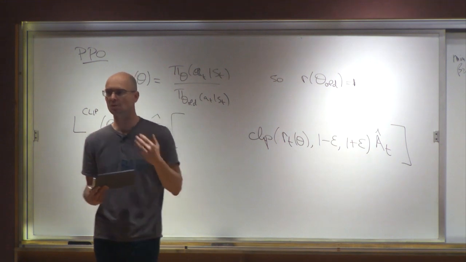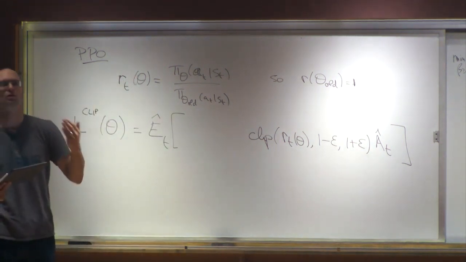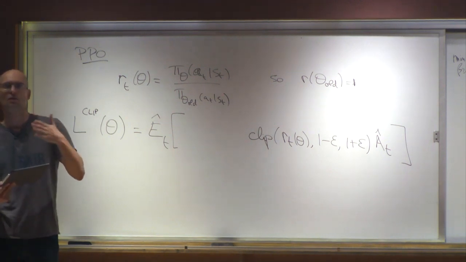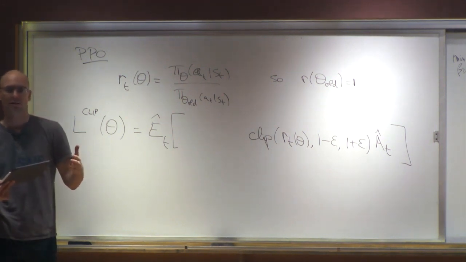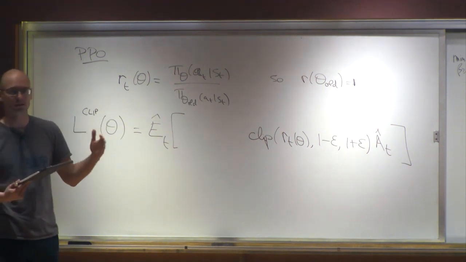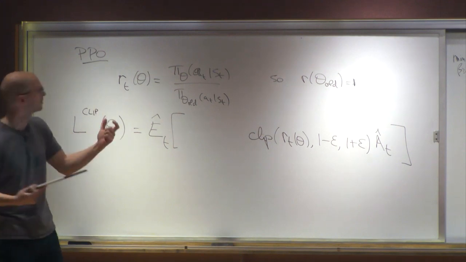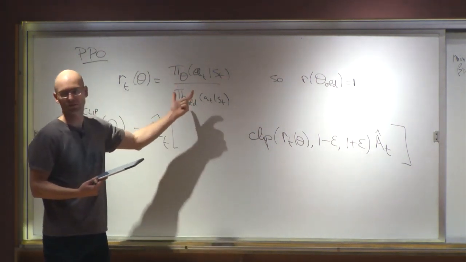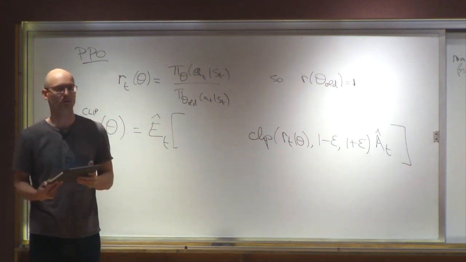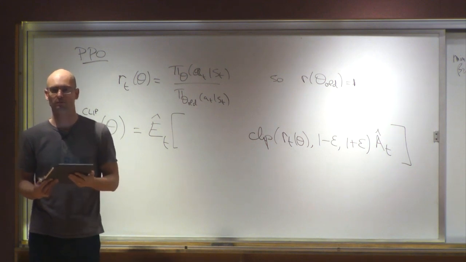So the maximum you can do effectively for any action given state is get to a ratio of 1 plus epsilon. That's not entirely true. If there is a lot of other evidence in your objective, you could still be pushed beyond 1 plus epsilon, but on your own, this term in itself will not be able to contribute beyond reaching 1 plus epsilon. After that, the term stops contributing to the objective.